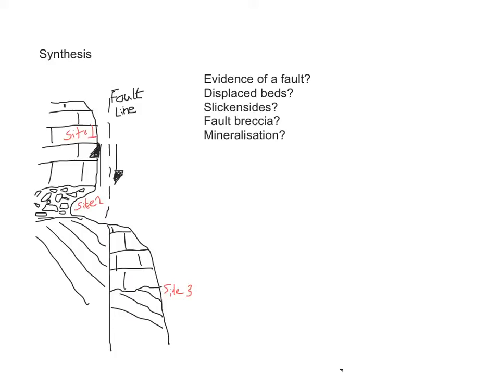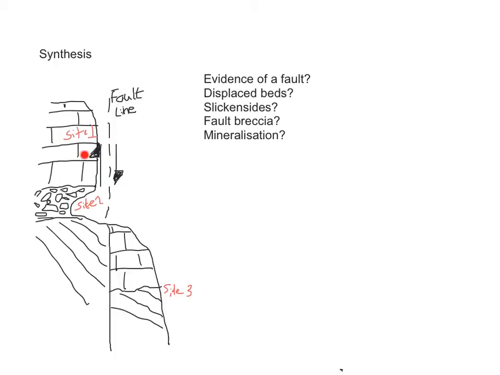Now, once you've done all the separate sites, you now need to put together a synthesis, put all that information together to come up with either something that backs up your hypothesis or a new hypothesis or a new idea. So here I've drawn a side view of Nappa Scar. This is where the footpath was, and the overhang, and where the proposed fault line is.